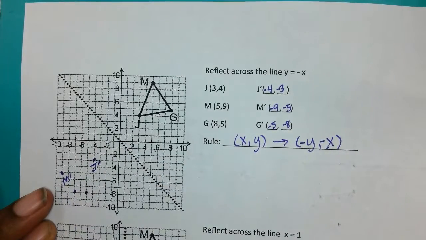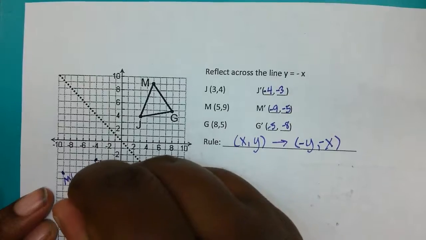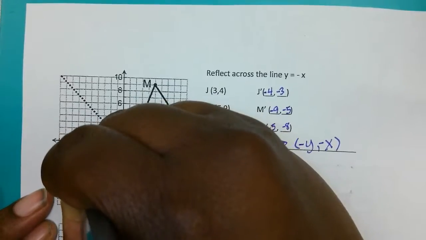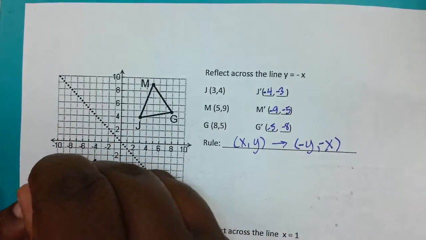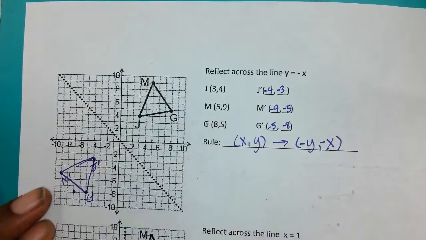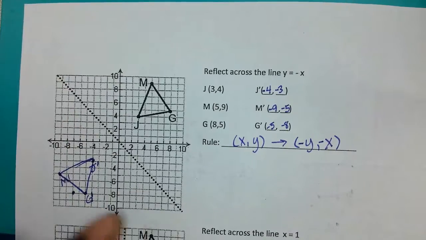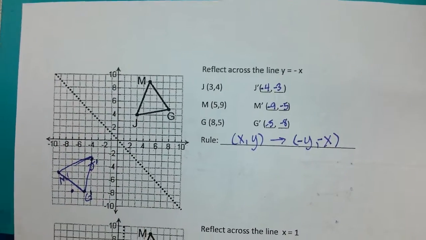That's G prime. Make sure you label your points and then connect them, and double check that you put them in the right spot. And that's how it would be. If I were to fold across this line right here, that's where my image would land.